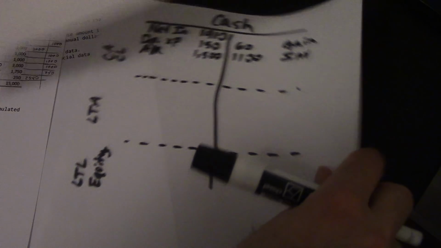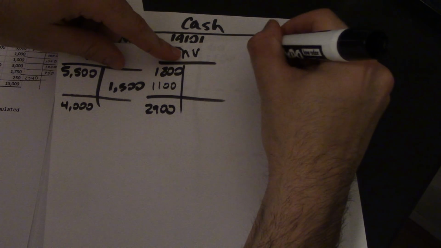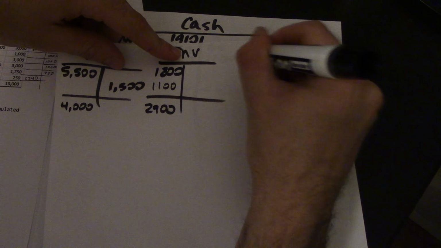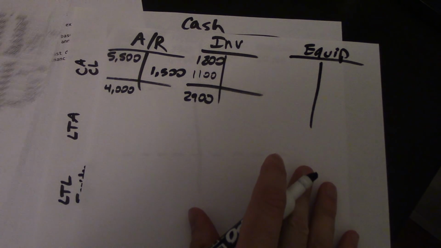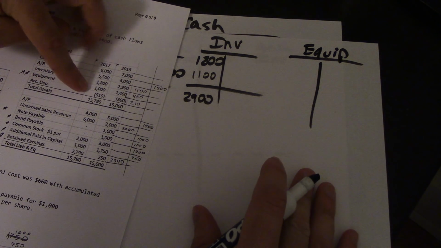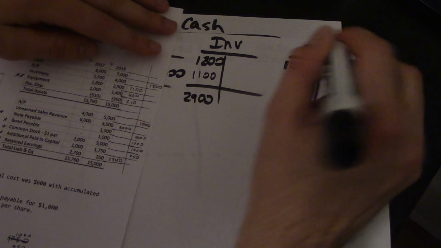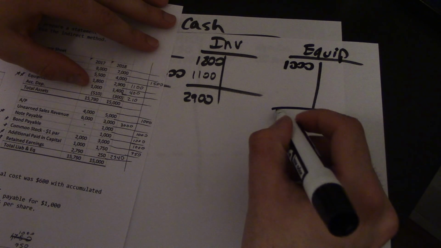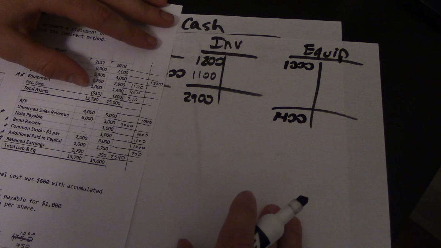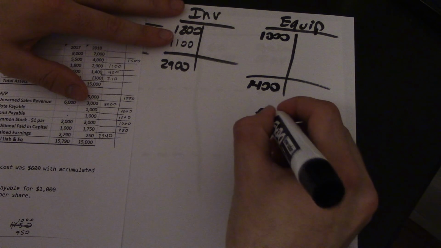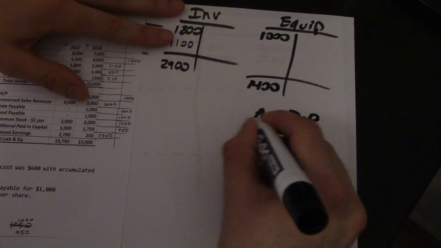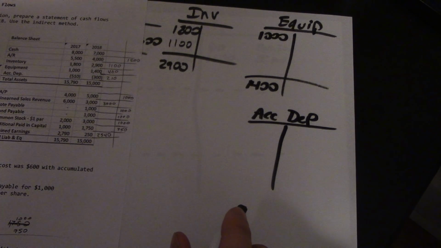We've got equipment. We started at 1,000 and we ended at 1,400. And I'm also going to do the accumulated depreciation for the equipment as well.